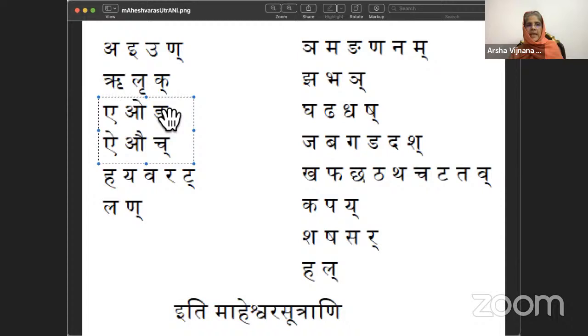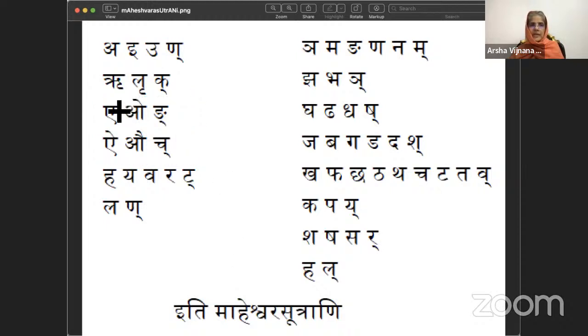So when you say eng, you are only taking the simple diphthongs a and o. But if you say ich, you are taking the complex ones. But if you say h, you are taking all the diphthongs together.